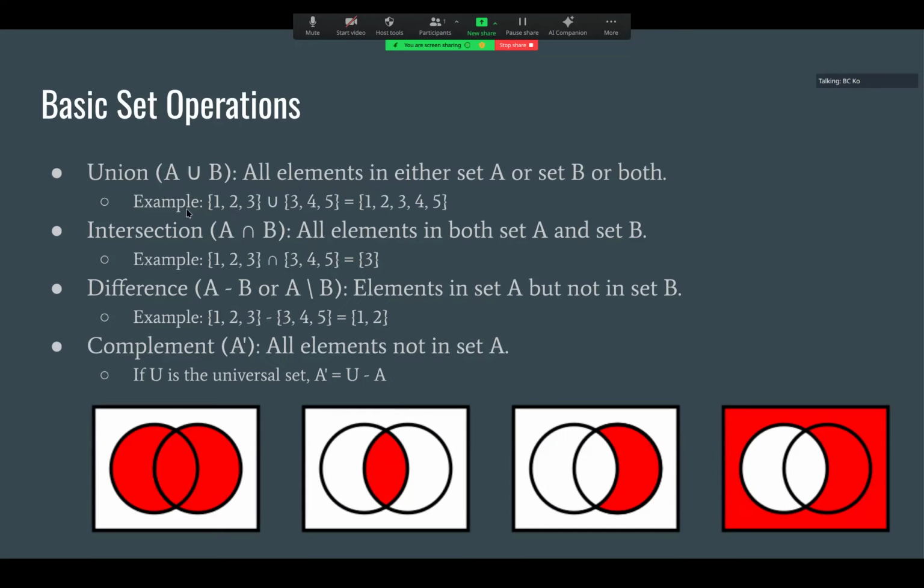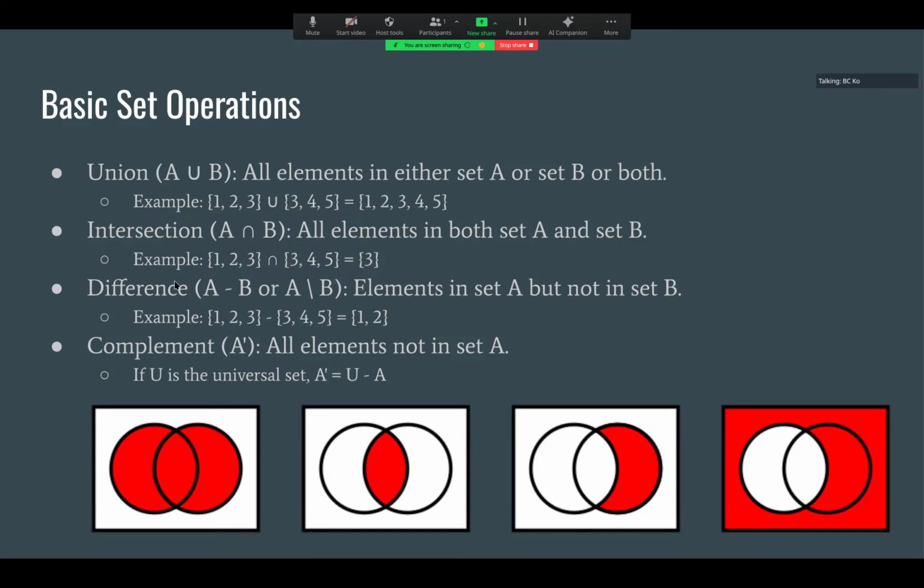So for instance, {1, 2, 3} union {3, 4, 5} equals {1, 2, 3, 4, 5}. The intersection of sets A and B, denoted as A intersection B, includes all elements that are in both set A and set B. For example, {1, 2, 3} intersection {3, 4, 5} equals {3}.